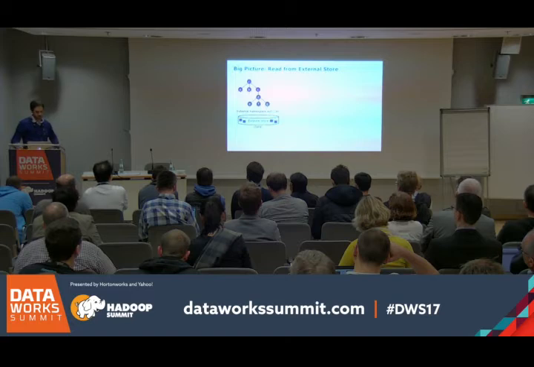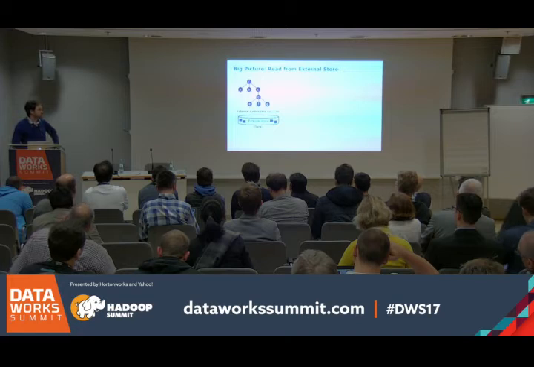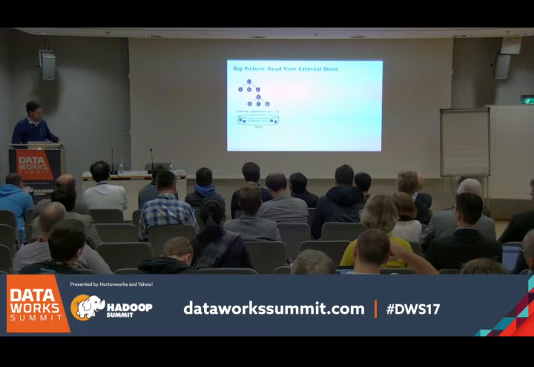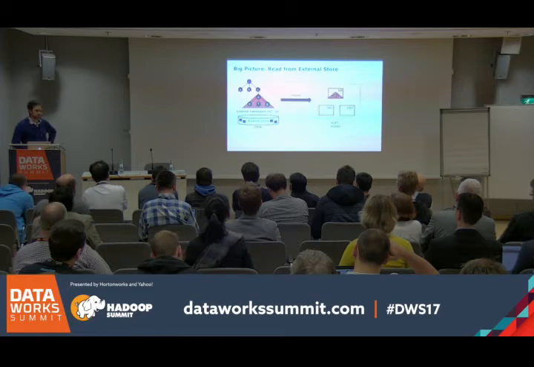So to begin, the big picture, of course, is to start with an object store or an external store. For instance here, we might want to mount prefix D, and we want to put that into the name node and have that mounted.